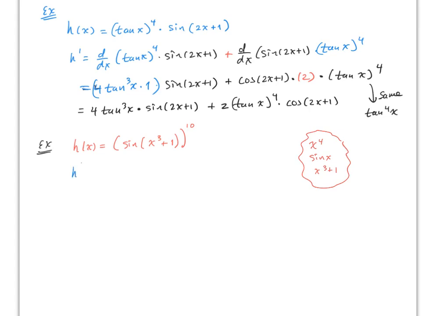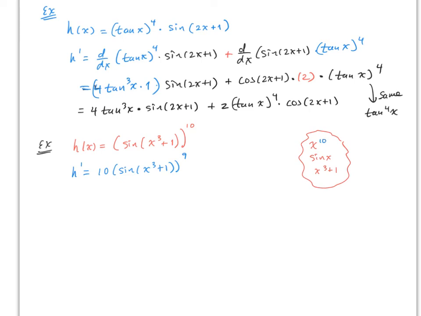So let's do this slowly. So h prime is going to be 10 times sine of x cubed plus 1 to the 9 power, okay? This is actually the 10 power.